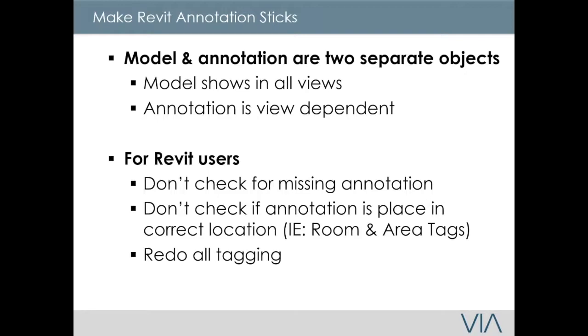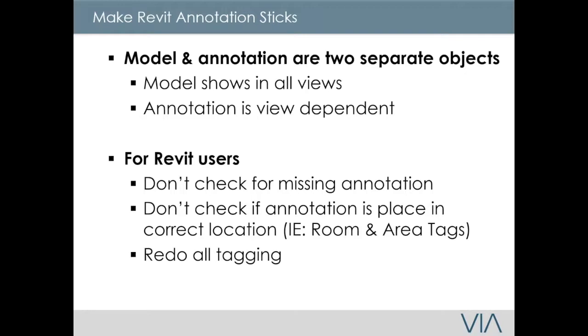But for the Revit user, most of the time we have no time to check for missing annotations. You all know that on a lot of projects we have to rush, right? When someone tags something, they tag it once and then they just go away, and next time you don't go back and check it.